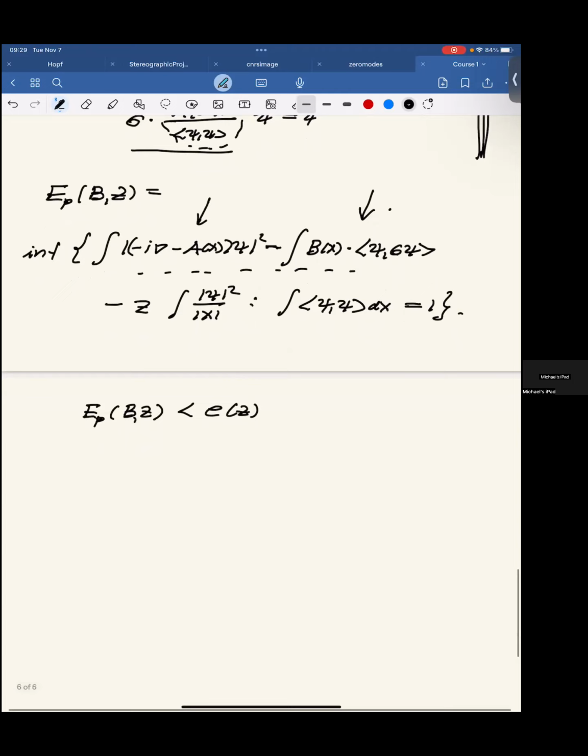In fact, you can easily cook up magnetic fields. When you let the field strength get very large, E of B can be made negative, as negative as one pleases.